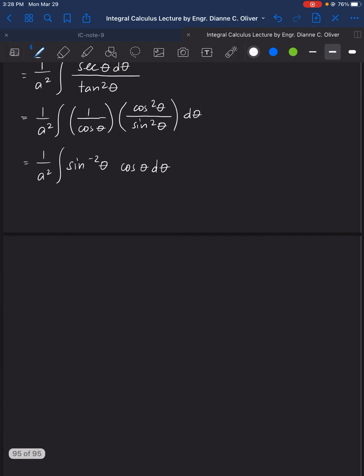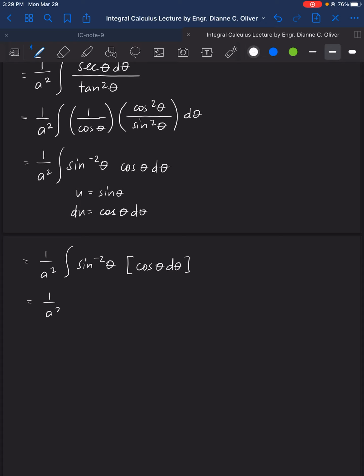We can use the power formula here. Let u is equal to sine theta, du is equal to positive cosine theta d theta. So that is equal to 1 over a squared, sine negative 2 theta, cosine theta d theta. What happens here is we have the power formula.